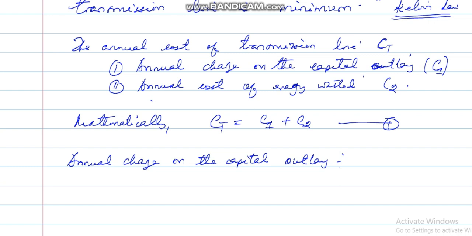Lakini pia ikitokea materials, conductor, supports zimedepreciate to the maximum, hauwezi tena kwenda benki kukopa pesa ili uweze kufanya replacement. Kwa hiyo lazima katika annual charge the transmission line uaccount kwamba kuna some depreciation. Kwa hiyo the annual charge on the capital outlay ina account the interest on the capital invested and the depreciation of material. Sawa?